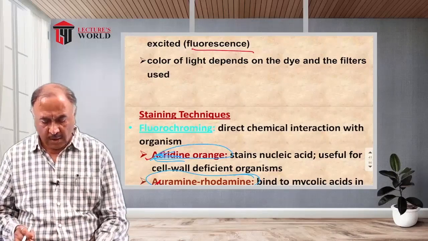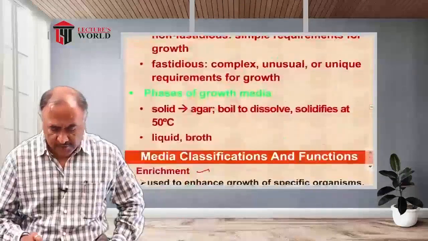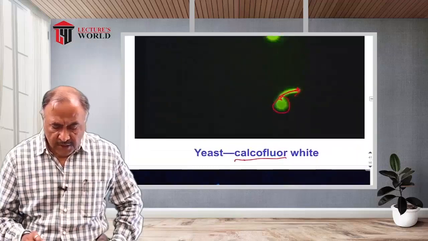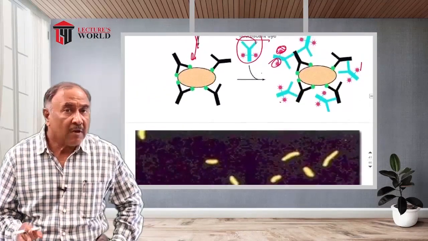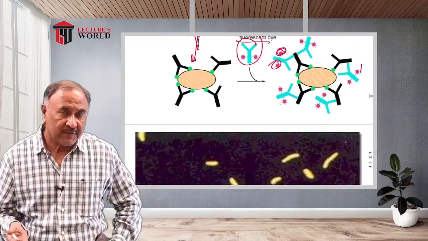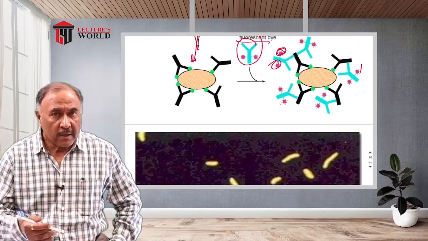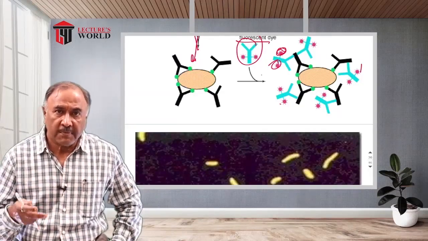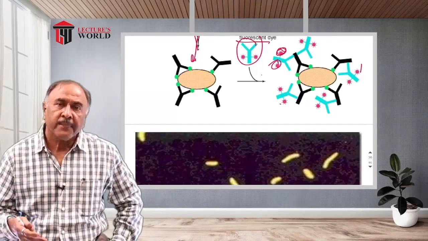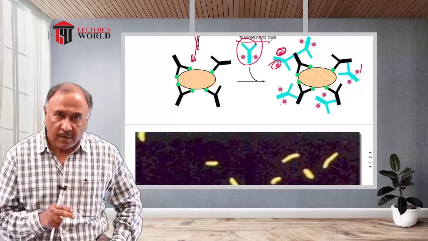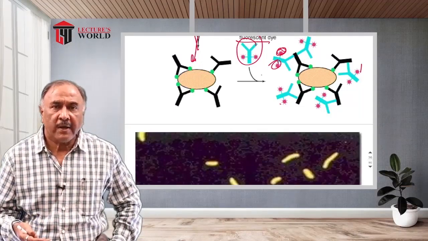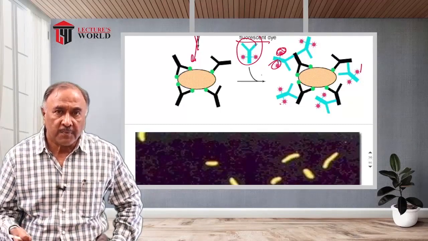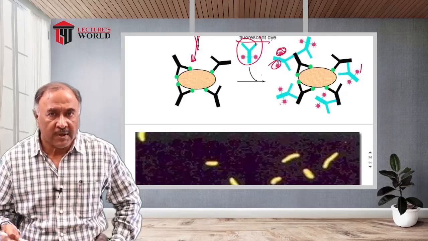Now, in the next section, we will take up the methods which we call macroscopic methods. The entire identification procedure basically follows two parts, microscopic and macroscopic. Microscopic makes use of a microscope, and macroscopic characterization includes observation on media using various plates and using various biochemical tests.